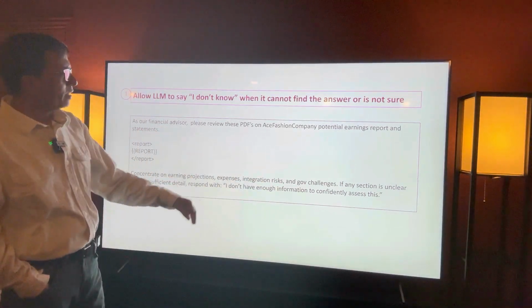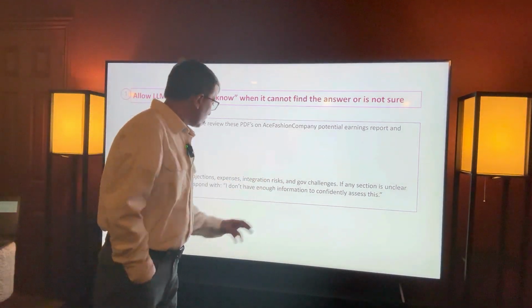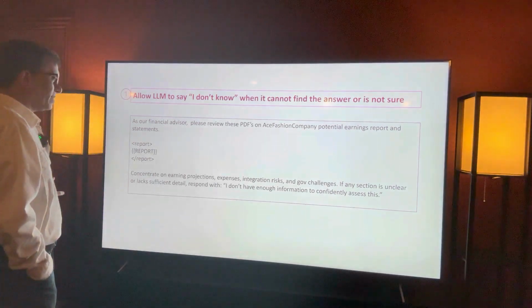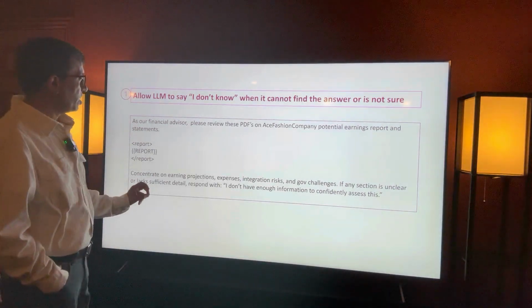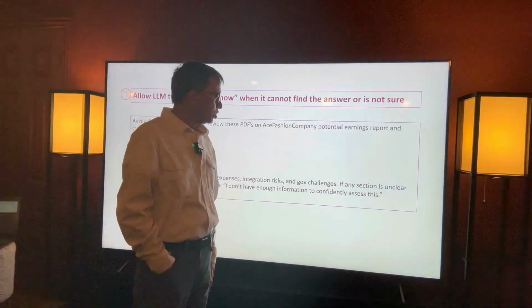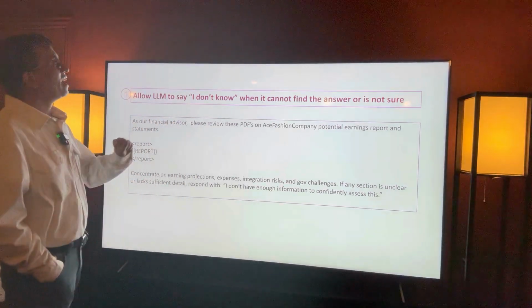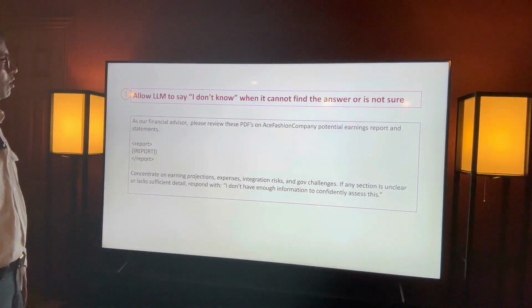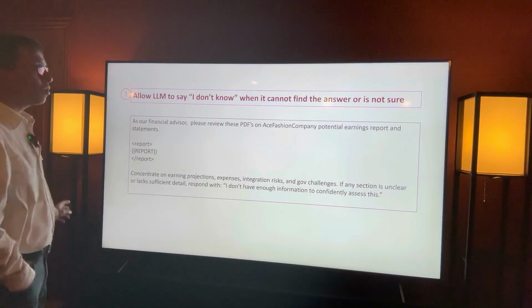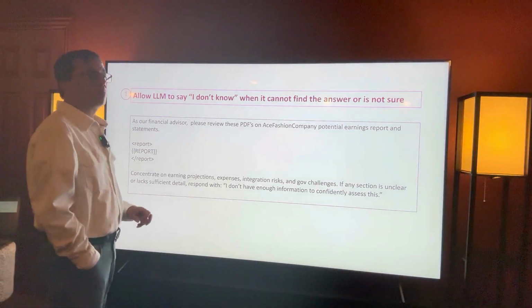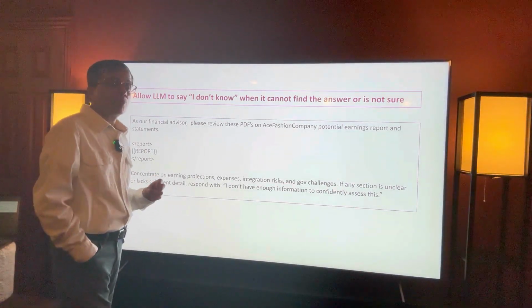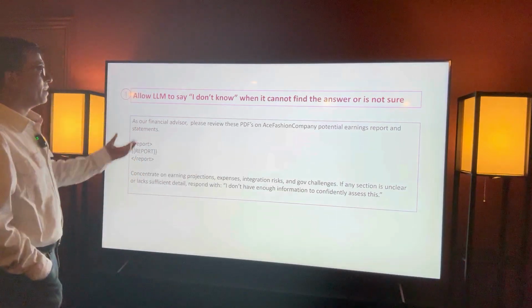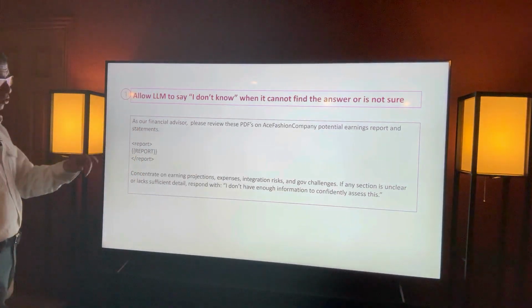Then I make it very clear: if in any section you don't find sufficient detail, just say, "I don't have enough information to answer on this one." So we have allowed the large language model to say "I don't know." We don't want it to make up an answer if it doesn't get a context or if it's not sure.